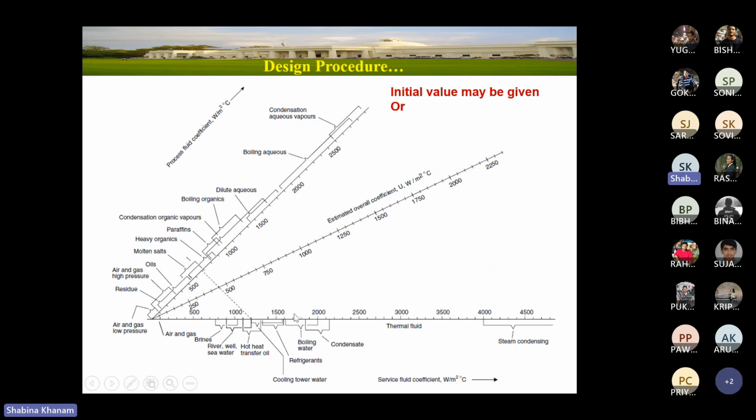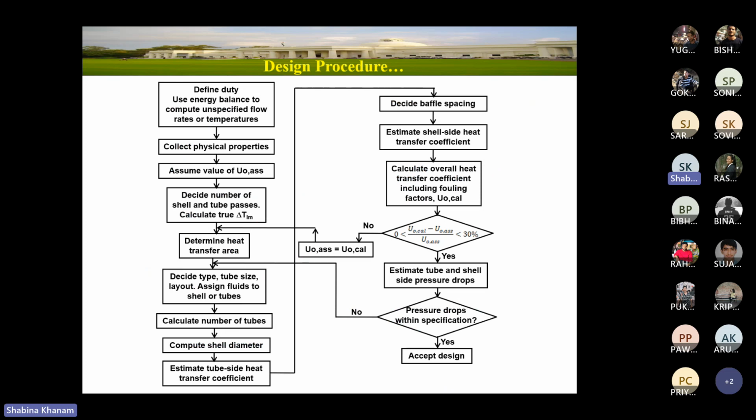You need to draw the line joining these 2 points, and wherever it cuts this line, that value you will consider as overall heat transfer coefficient assumed, right? So that we have already discussed.